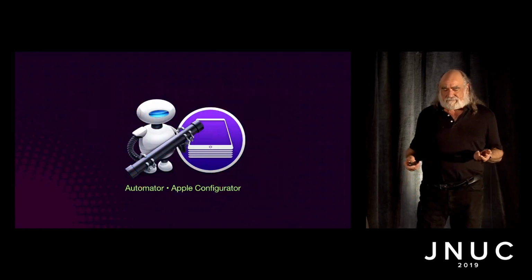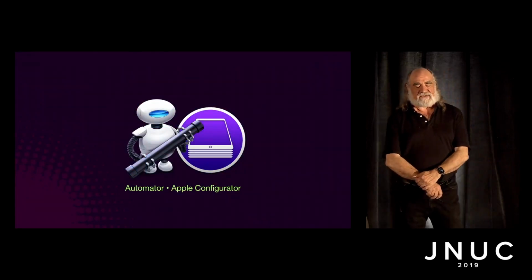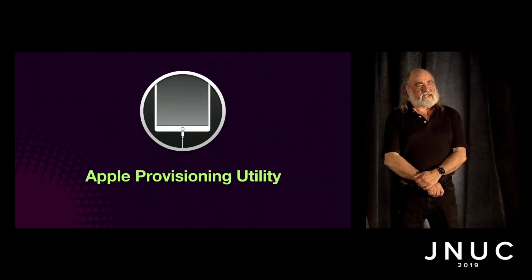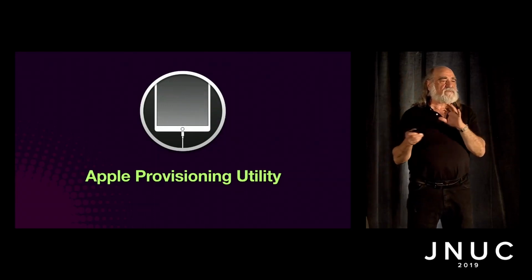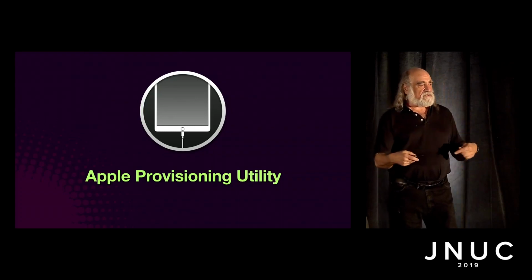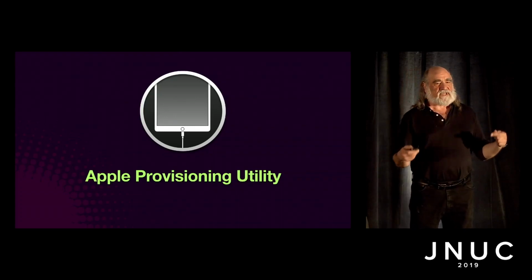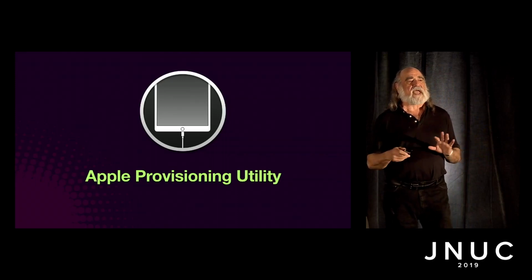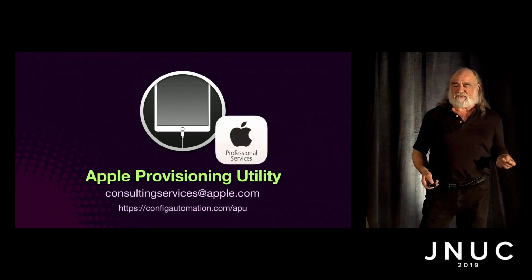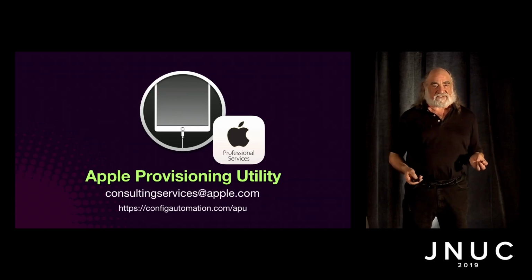And so now all of that has changed, because now the Apple provisioning utility has really assumed all of that role and gotten rid of all of that. It does all of the sensing and attachment stuff automatically for you. You don't have to set anything up. And the Apple provisioning utility was created by the Apple Professional Services team.